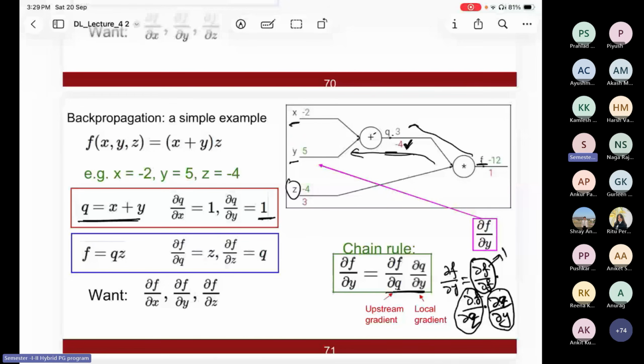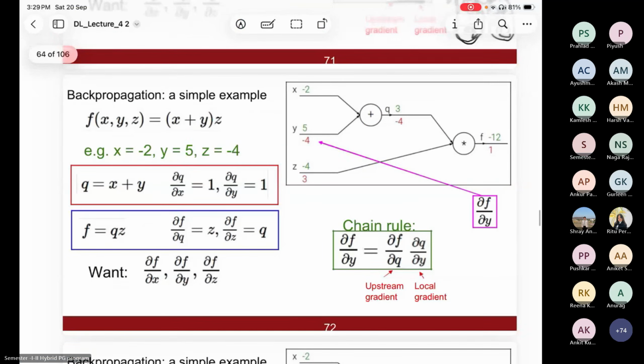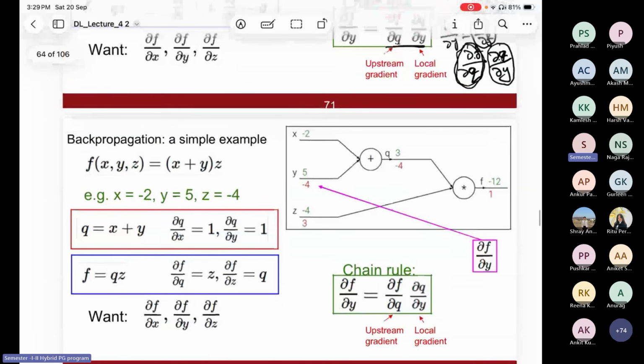So 1 into del f by del q, that is -4, into del q by del y, that is 1, which we have computed before. So it will give you -4. Okay, so in this way you can do it.